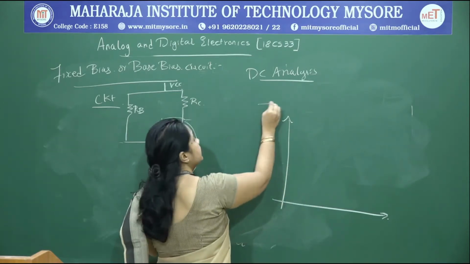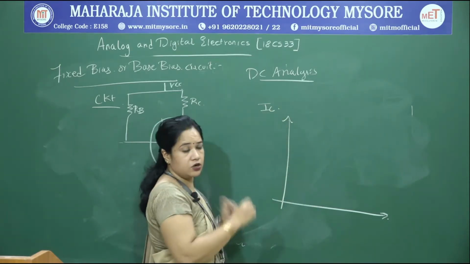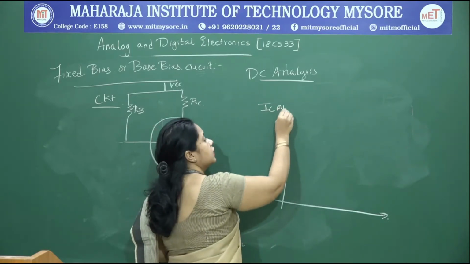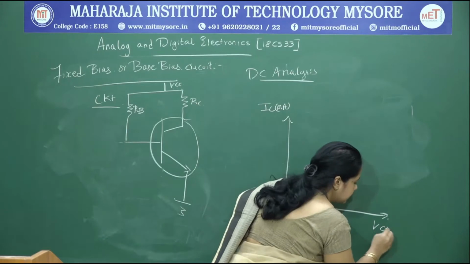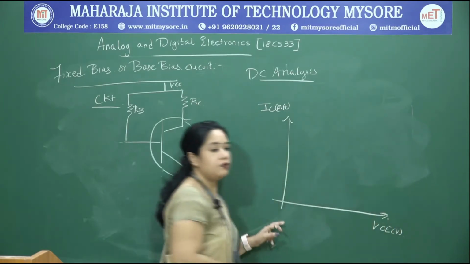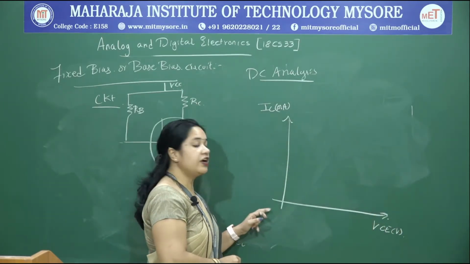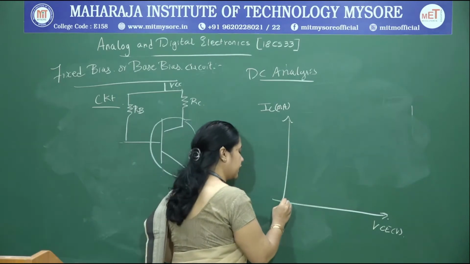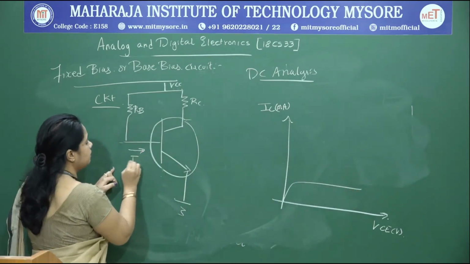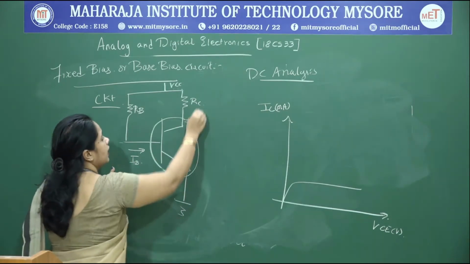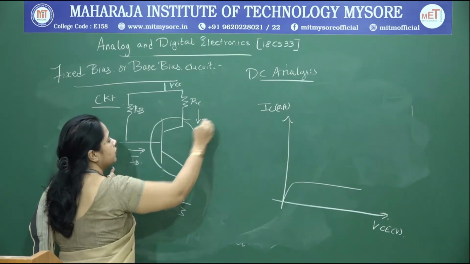The output current here is IC, the collector current, usually in milliamps, and the output voltage is VCE in volts, and we take this for different values of input current. The input current is IB and IC is the output current.